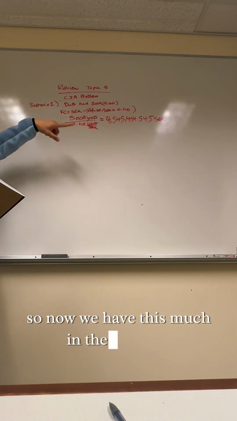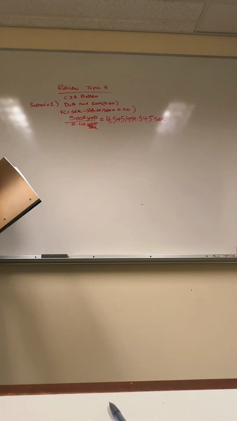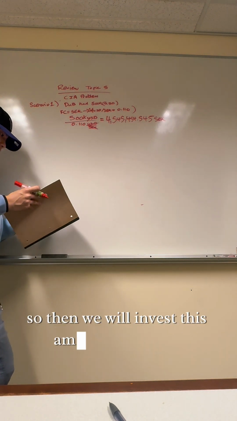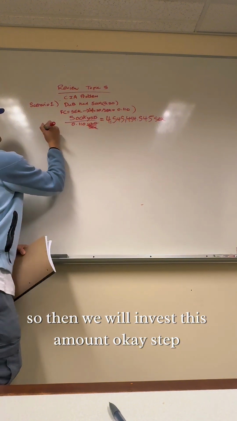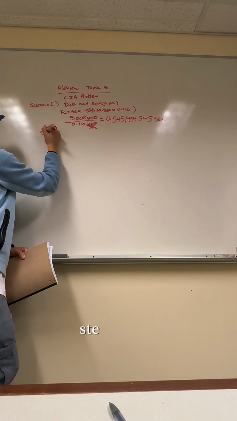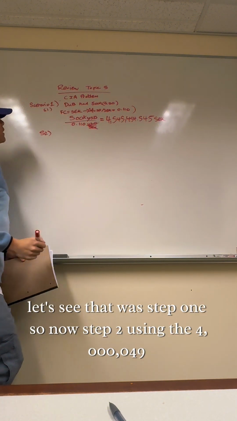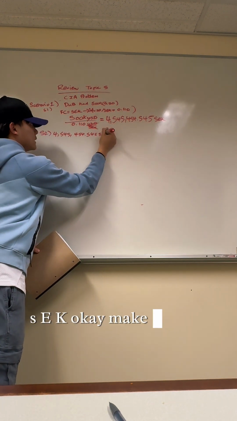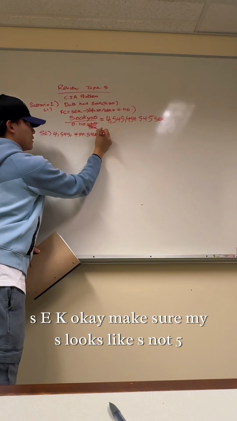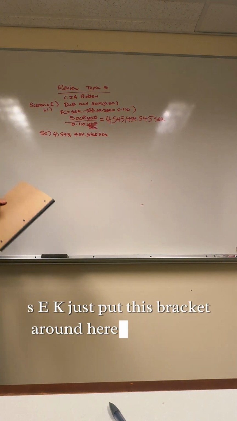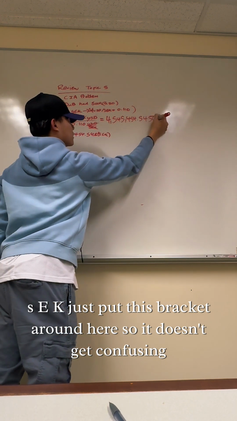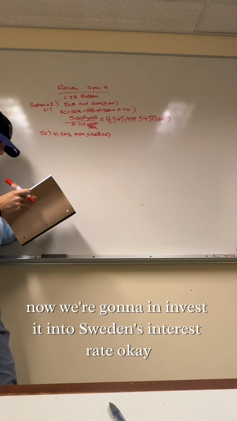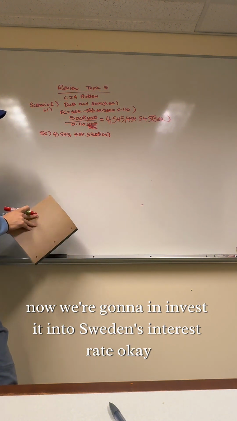Now we have this much in the Swedish krona, hopefully I'm saying that right, but that doesn't matter right now. Then we will invest this amount. That was step 1. Now step 2, using the 4,545,454.545 SEK, make sure my S looks like S, not 5, we invest it at Sweden's interest rate.